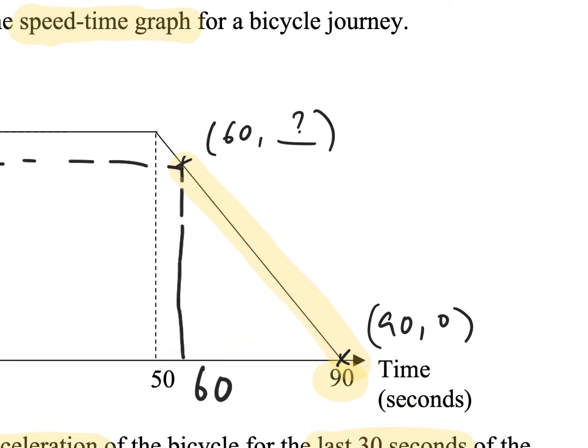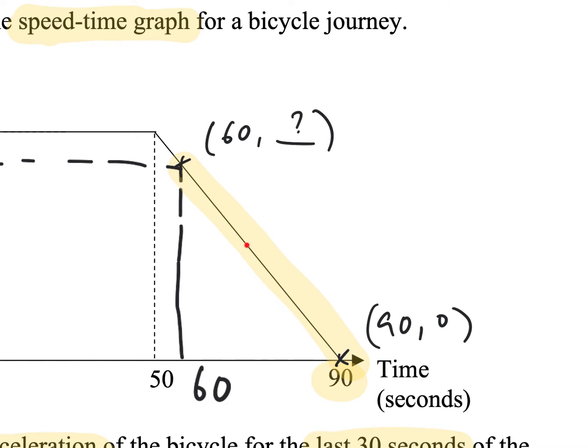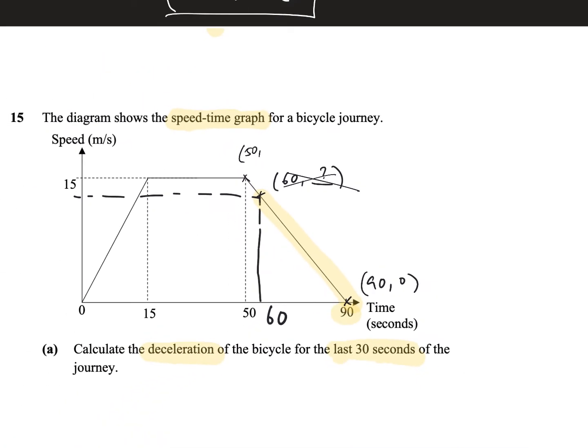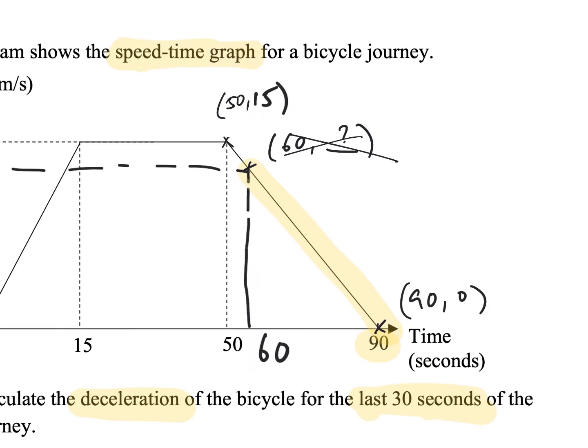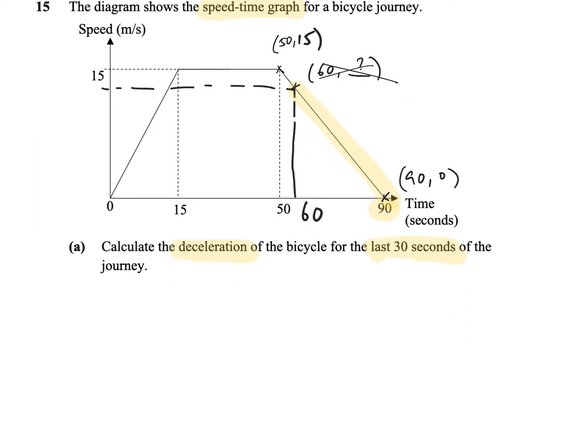The good news is that for a straight line, and this line is actually part of this entire line, the gradient is constant. That means I don't actually have to use this point. What I can do is take this point instead, 50 and 15. Because the gradient on a straight line is constant everywhere, I can take any 2 points.